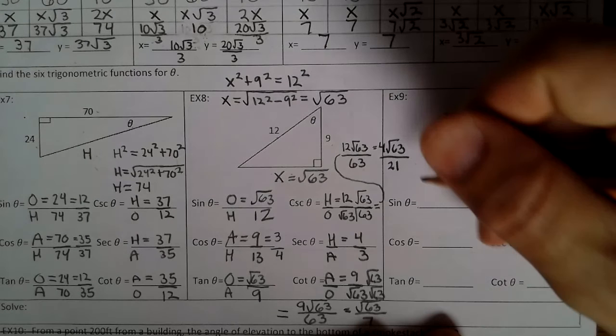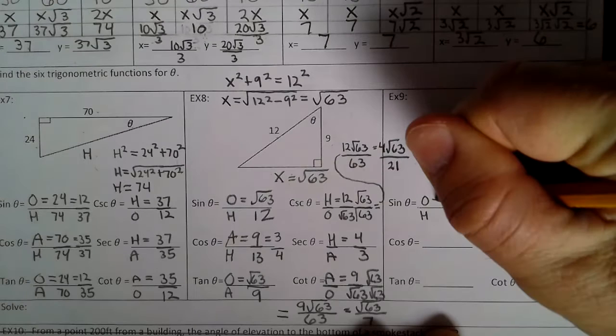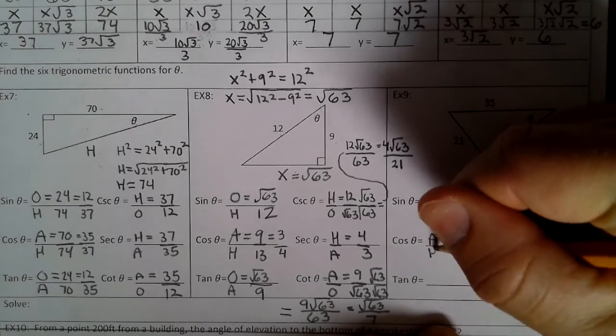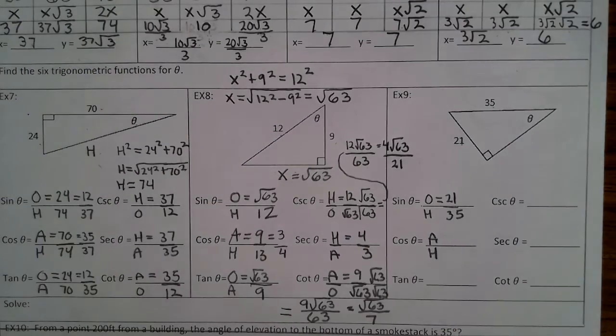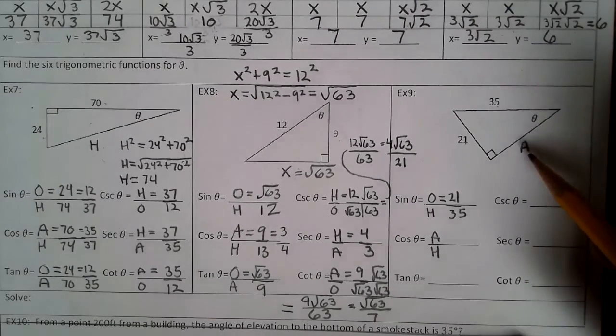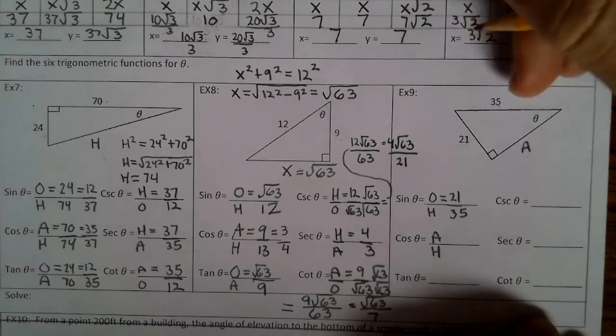Okay, cosine is adjacent over hypotenuse. So basically let's just call this A. Now we need to find A. And we know that A squared plus 21 squared equals 35 squared. Well, to find A, we subtract 21 squared and take the square root.